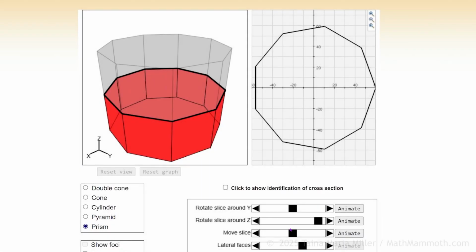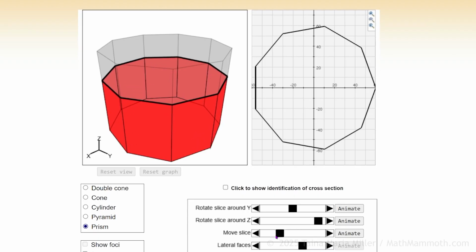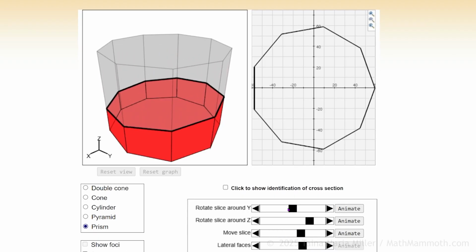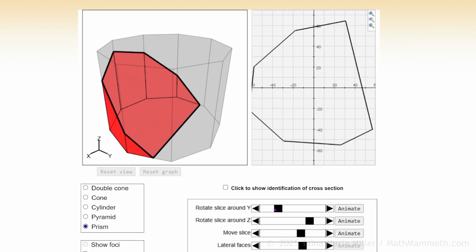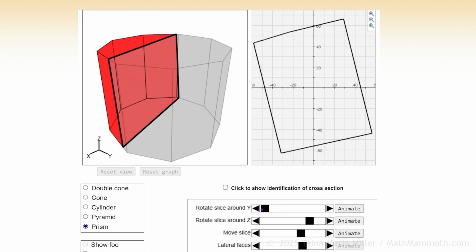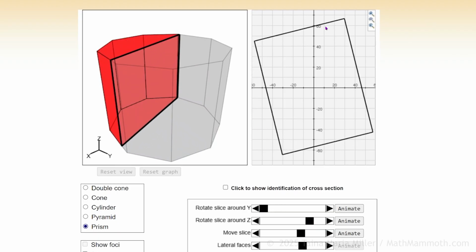And now lastly, how about this one? Again, it's a prism and it's named after the polygon at the base. 9, so it's a nonagonal prism. And here I get a rectangle as a cross section if I cut it just right with a vertical plane.